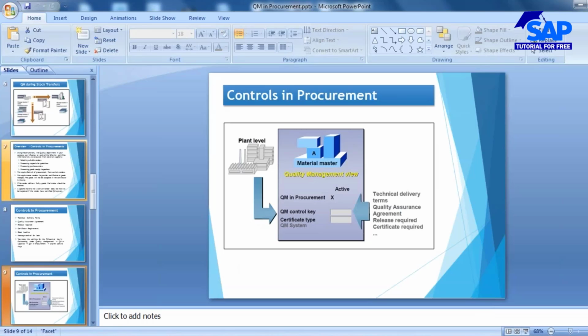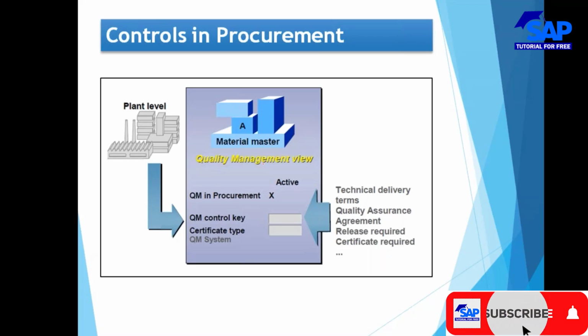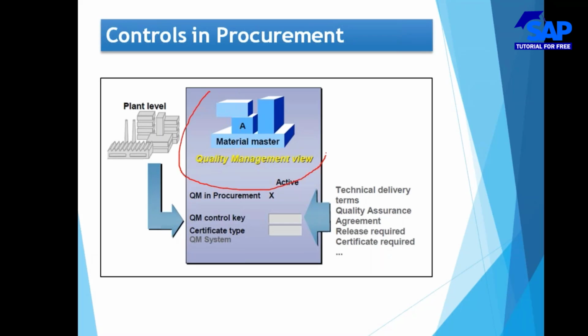So you will be activating the quality control key in the system. If you see in the quality management view in the material master, there is a QM in procurement object. In that you will activate it, and you will be activating the relevant control key. You are able to see there is a relevant control key there.